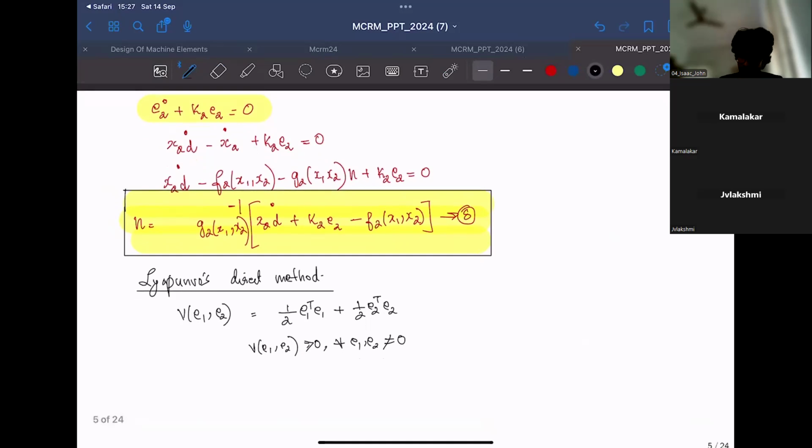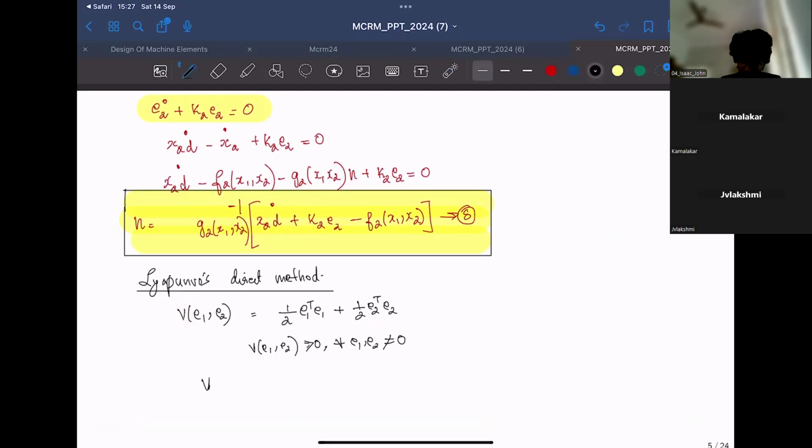And what Lyapunov's direct method says is that if you can find a function like this, which is positive definite everywhere, like a parabolic equation, irrespective of whether E1 is positive or negative, or E2 is positive or negative, this scalar function v is always going to be strictly positive.